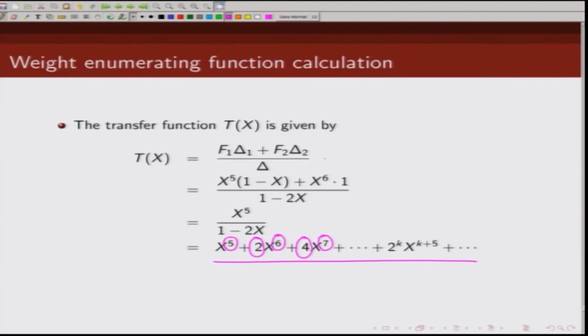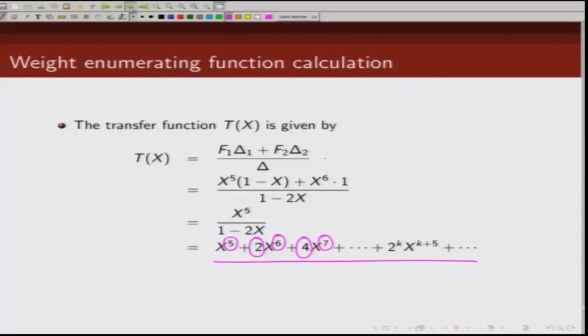So this transfer function is completely enumerating the weight distribution of my convolutional code. The same thing I can do with the augmented transfer function. And because the minimum weight is 5, the free distance of this convolutional code is 5.